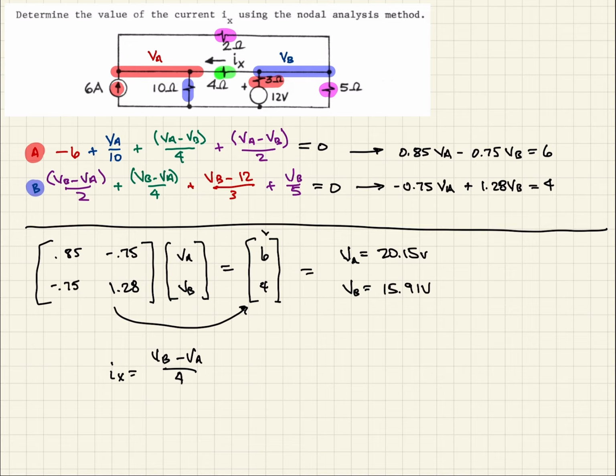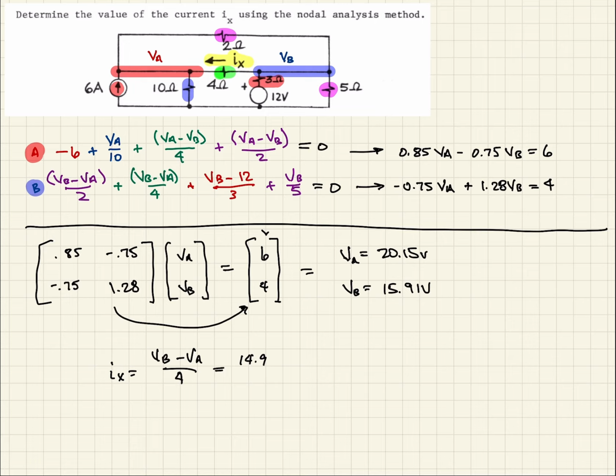So the difference in the voltages. Remember, we're calculating this Ix, and we're showing it going from VB to VA, so we're assuming VB would be the higher node. It may be a wrong assumption, but that's the way it's drawn, so we have to go with that. The signs will correct it if it's not.